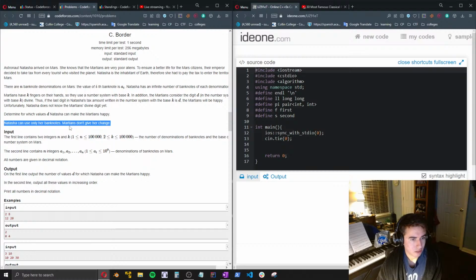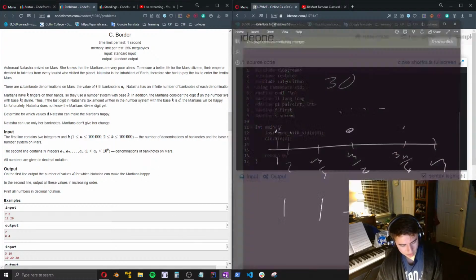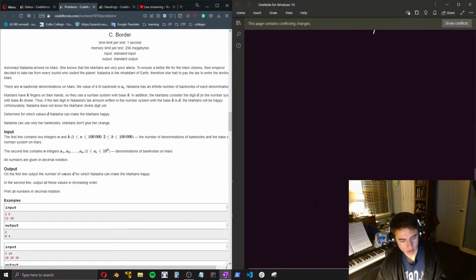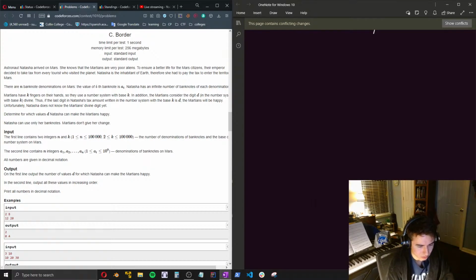Okay, this is super stupid, right? Alright, basically, what we're doing is this. We have different amounts, a_i, and we can use them multiple times.